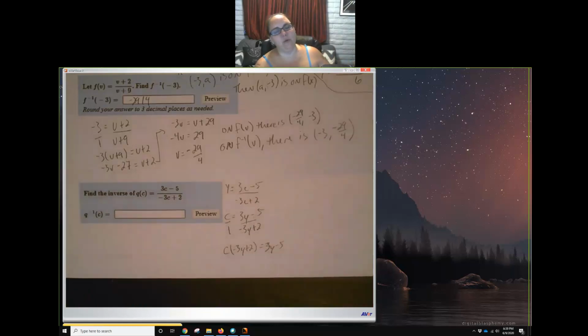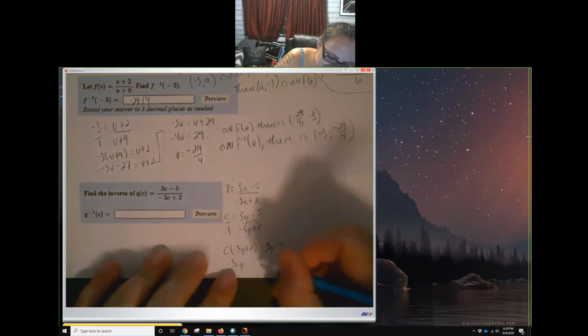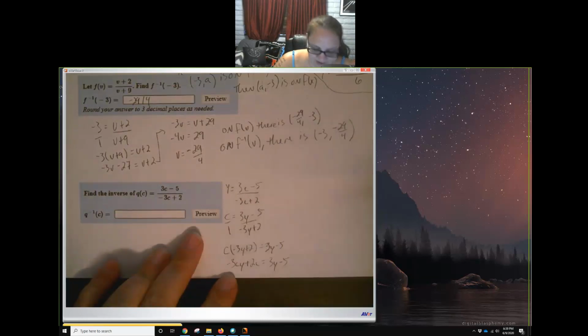Now, if I'm solving for y, I want to get everything that has a y on one side and everything that doesn't have a y on the other. So the first step is going to be to distribute here. Negative 3cy plus 2c equals 3y minus 5.